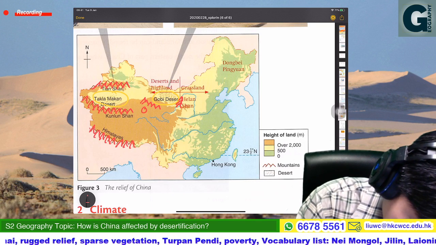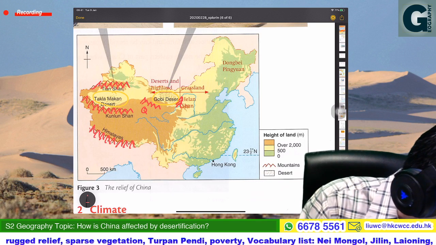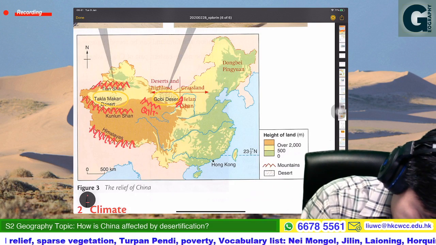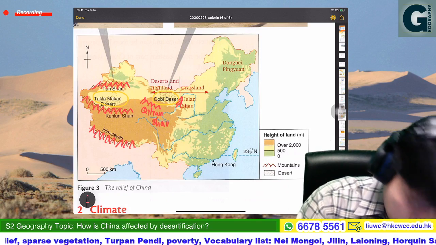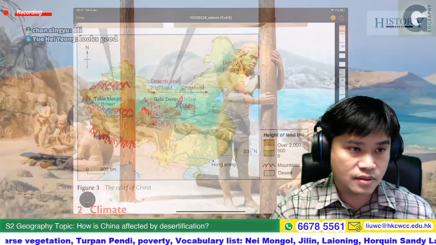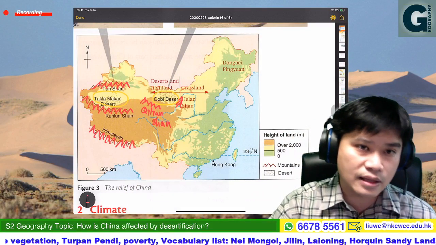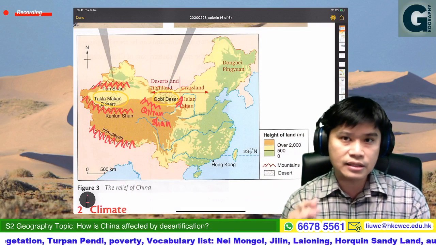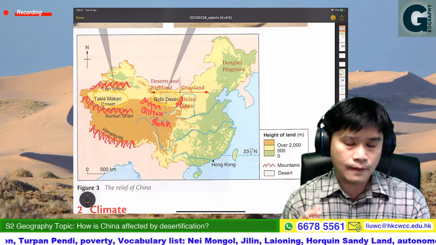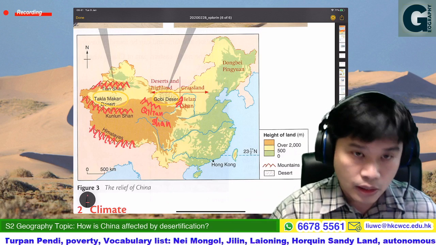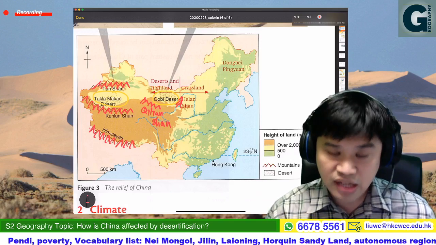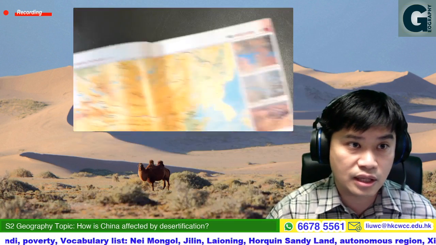In English, the spelling is like this: Qilianshan. In Chinese, 祁连山. Actually, Qilianshan is the boundary between Gansu and Qinghai. You may have a look if you have your school atlas.